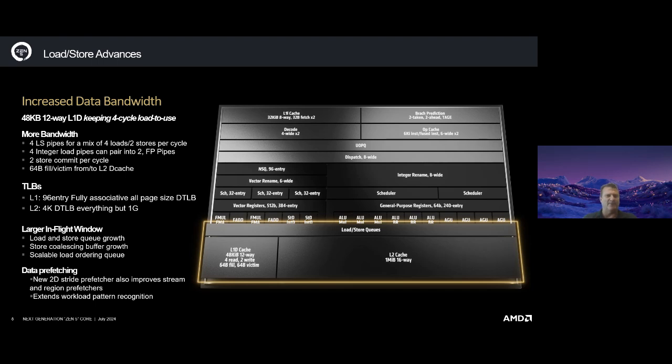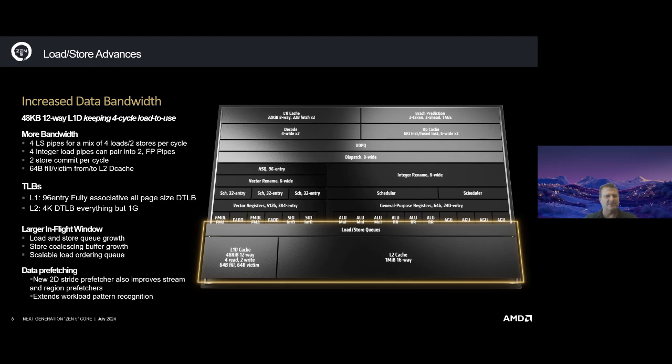More bandwidth: we went from 3 pipes to 4, and made them fully capable as well, 4 loads and 2 stores per cycle. And we can do 2 loads and 2 stores, a total combination of 4 in that number. We could also do 2 floating point loads per cycle, all the way up to even 512 bits.